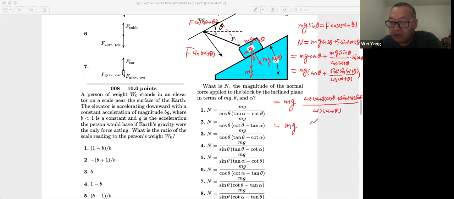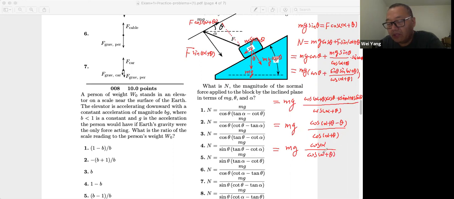This one equals cosine alpha plus theta, then minus theta. Okay, this is a key point, over cosine alpha plus theta. Then actually the numerator just equals cosine alpha, then the denominator is cosine alpha plus theta.